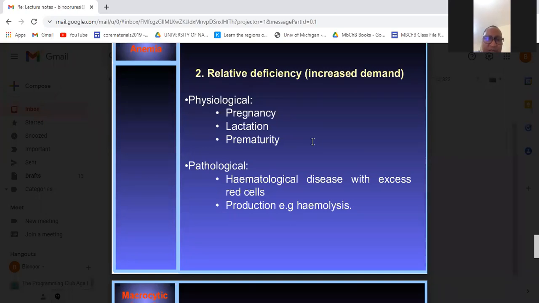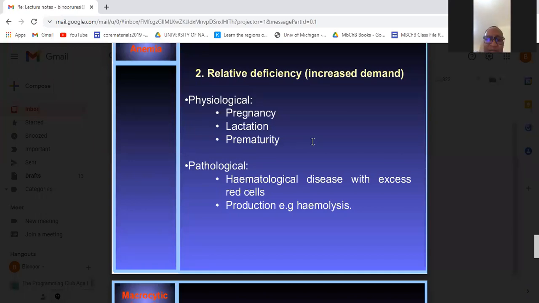Premature children need it because the DNA is developing and the cells are multiplying very fast, so of course they need a lot of folate. So these are the conditions that physiologically can lead to what we call relative deficiency because of increased demand.